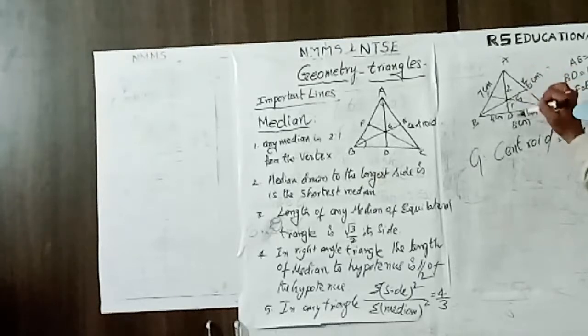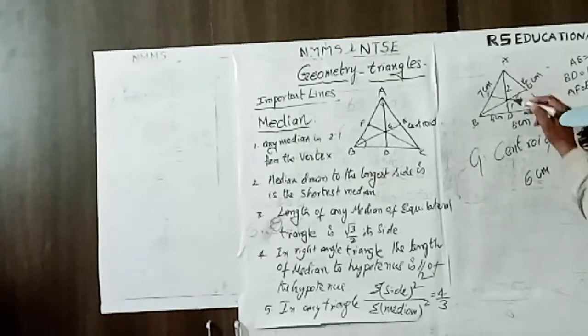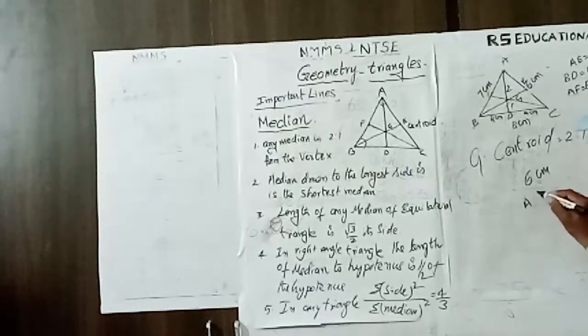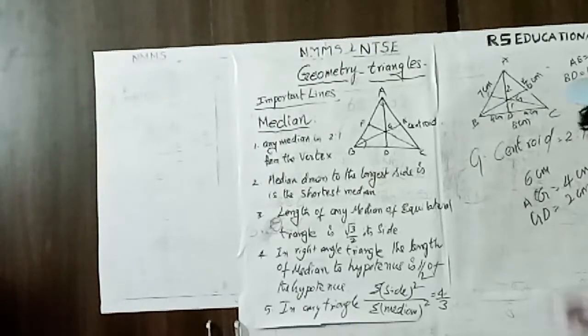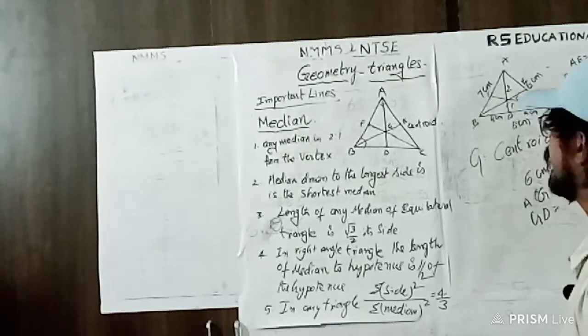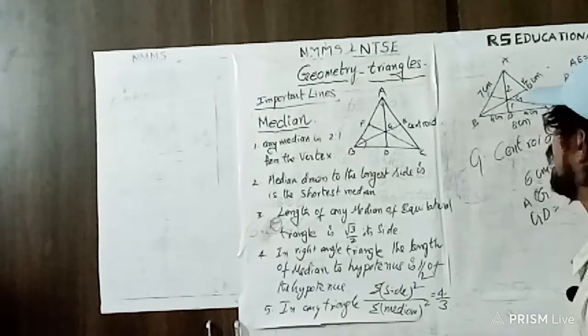Suppose the length of AD is equal to 6 centimeters, then the length of AG is equal to 4 centimeters, and the length of GD is equal to 2 centimeters. Understand? So the centroid divides any median in the ratio of 2:1.